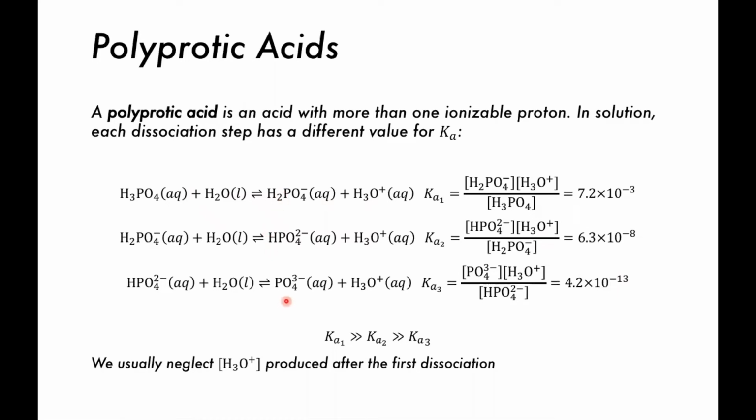But generally speaking, we don't include them because at this stage you're starting to produce fewer protons than water actually produces in its dissociation process. So it becomes a little bit complicated to determine whether it's really coming from water or from your acid.